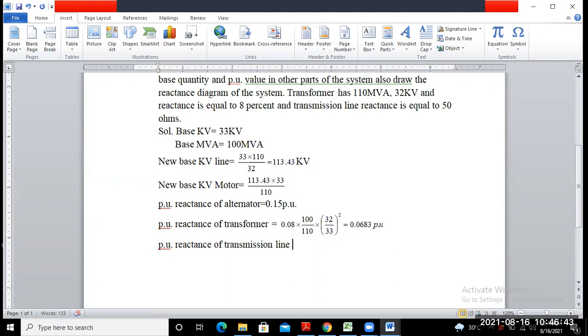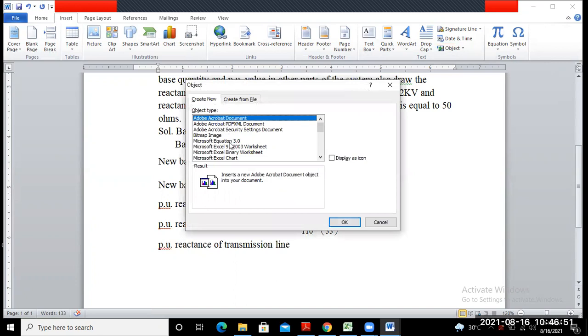That is nothing but 50 divided by the base value. The base value of impedance can be written in terms of voltage and MVA: Z base equals kilovolt base whole square divided by MVA base.